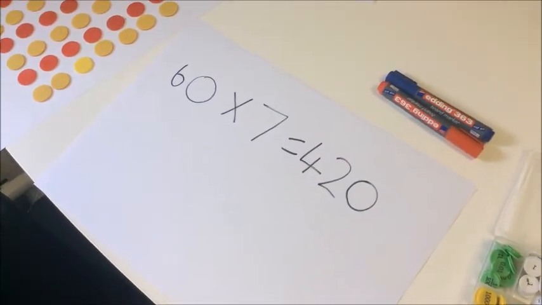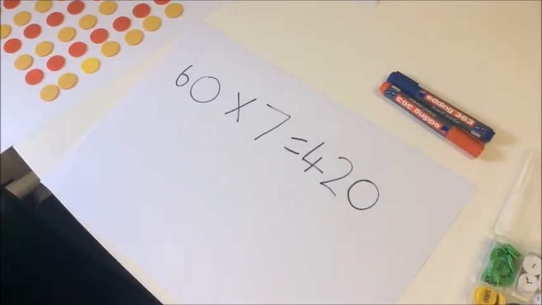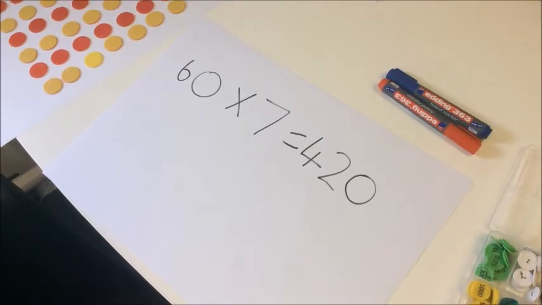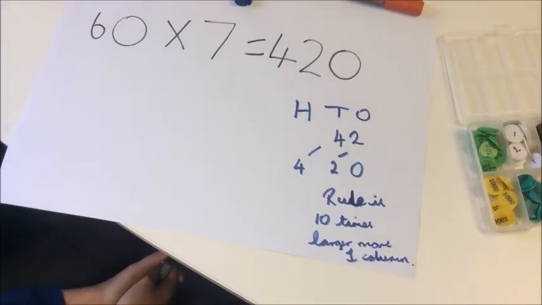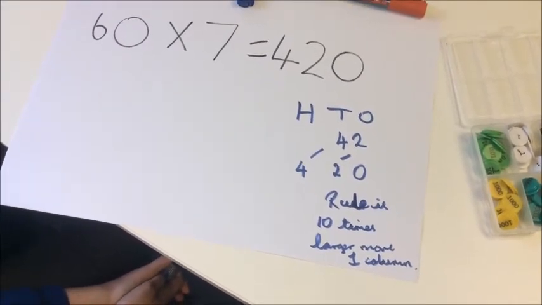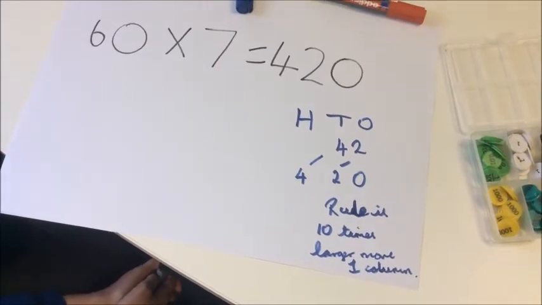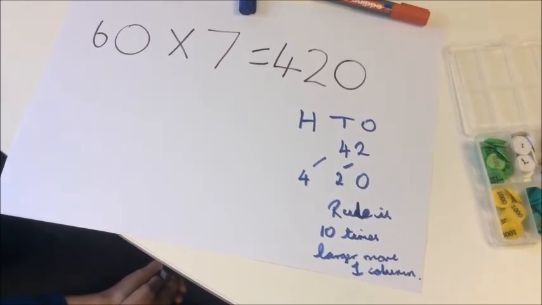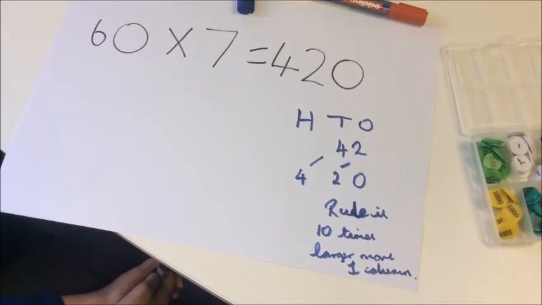So another way of thinking of that is that 6 becomes 6 tens times 7. So as you said, that gets 10 times bigger. So what Daisy and I have done is just demonstrated that by doing a simple columns showing the place value columns, hundreds, tens and ones. 42 has become 420, and the rule is 10 times larger, you move 1 column.